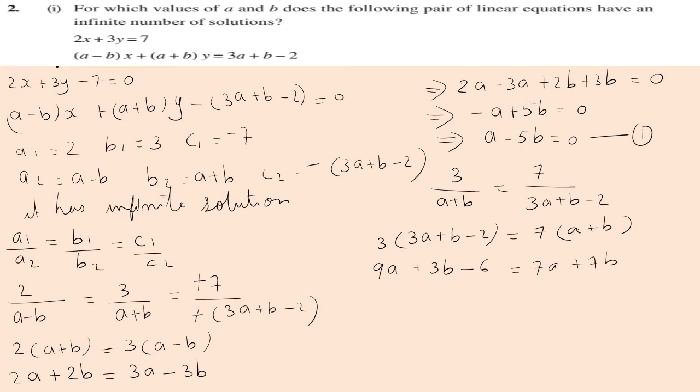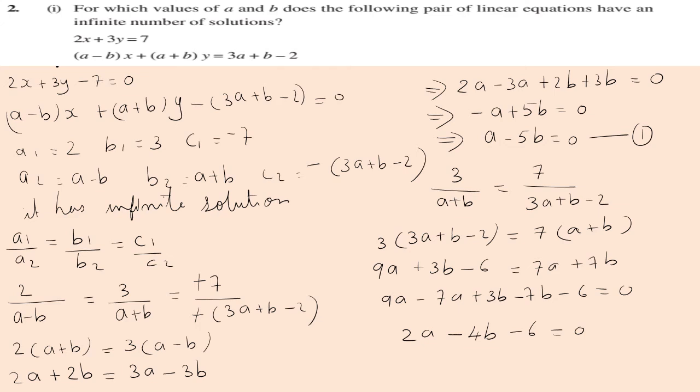Now taking all the terms to the left-hand side, you will have 9a minus 7a plus 3b minus 7b minus 6 equal to 0. 9a minus 7a, that is 2a, plus 3b minus 7b, that is minus 4b, minus 6 equal to 0.